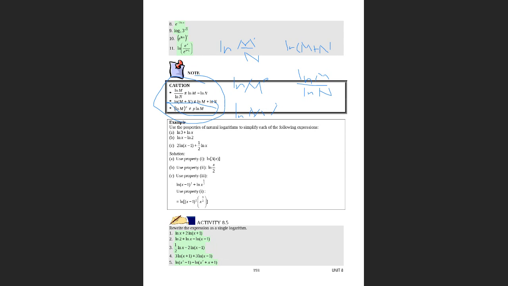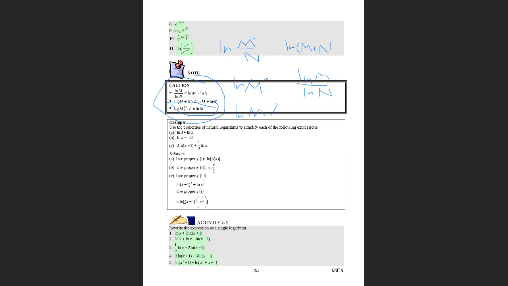Okay. So when you have ln 3 plus ln x, you have to know that it's like the other way around, it's the same as ln 3x. When you have ln x minus ln 2, the same as ln x over 2. You can go the reverse of the law. Then when you have 2 ln of x minus 1, it's the same as ln of x minus 1 all squared.